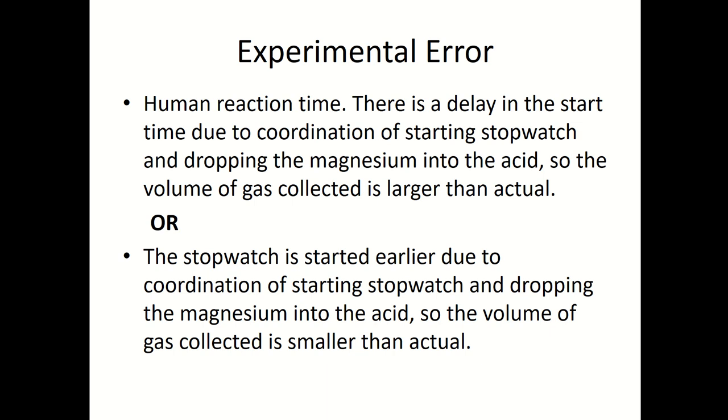But please again don't just say resulting in inaccuracy or resulting in inaccurate results. You have to say what is the inaccuracy. So in this case, you're measuring volume of gas. So if there's a delay in the start time, what happens is the volume of gas collected is larger because your reaction is started before you start timing.